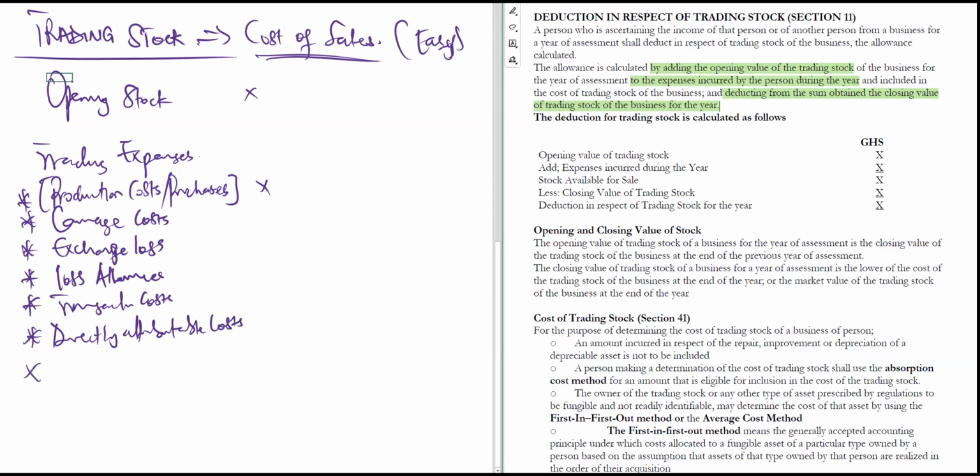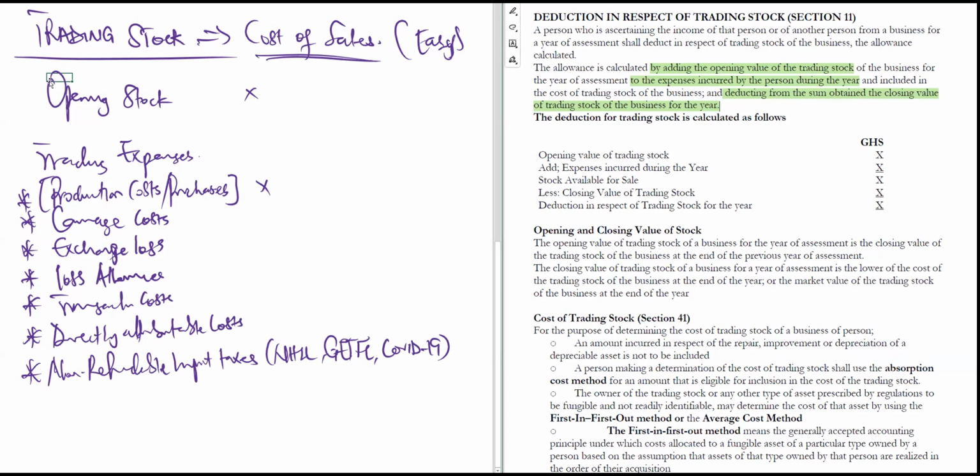We can have non-refundable taxes, so non-refundable input taxes, okay. So when you have things like NHIL, GETFund Levy, COVID-19 levy, right? All of them form part of the trading expenses that we are saying.